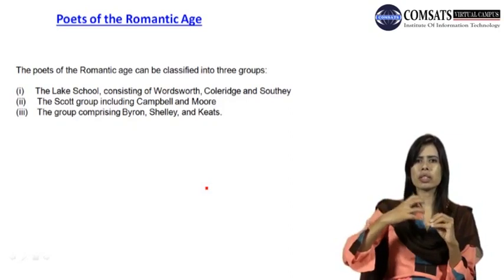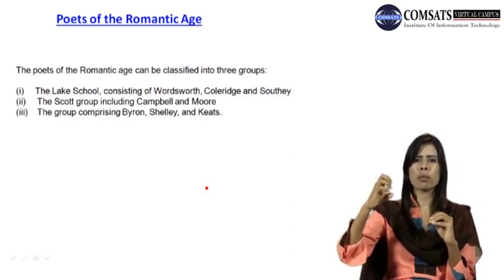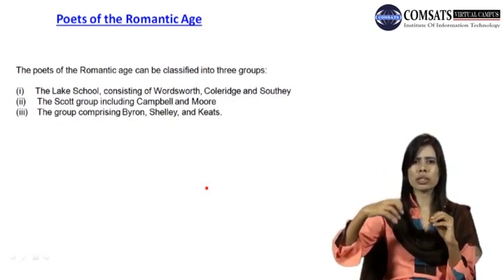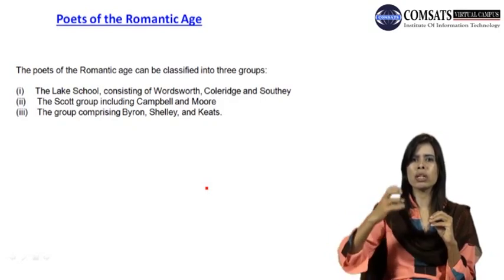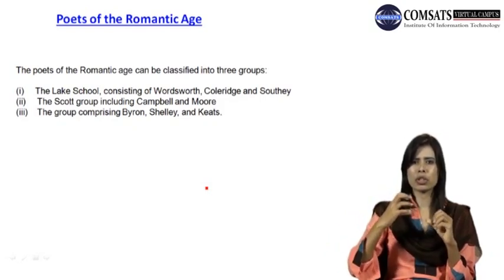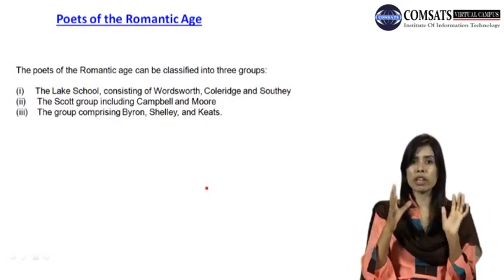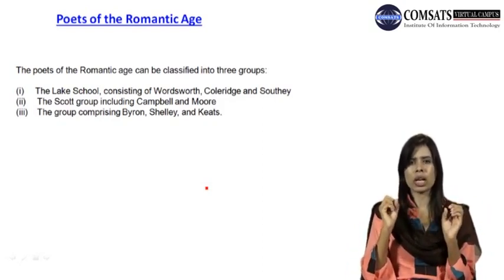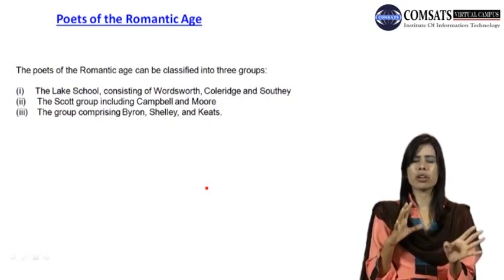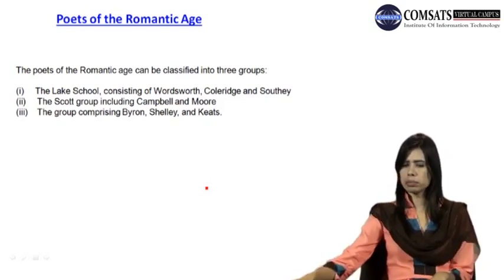So here you can see there is a sudden change from the classical or Augustan age of English literature to the Romantic Age, and this is a very important and very fruitful period. You can say this is a landmark in the history of English literature.